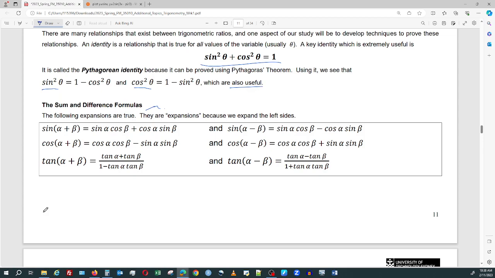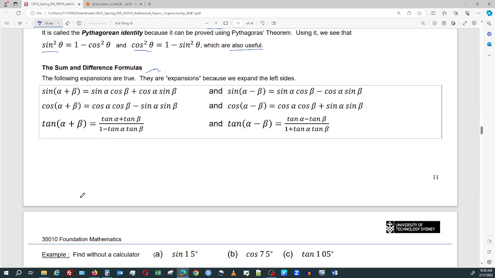So, for example, let's think about, we've got some questions here, I think. Sine 15. Okay, let's look at sine 15. So, how on earth does that relate to what we're looking at up in that table?